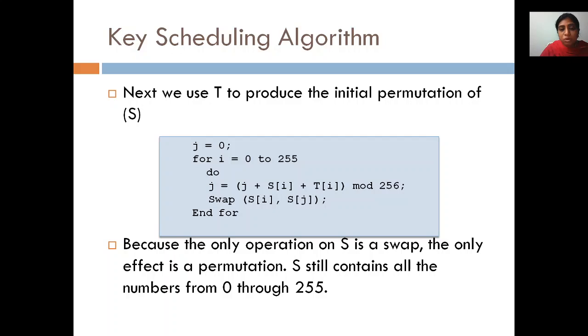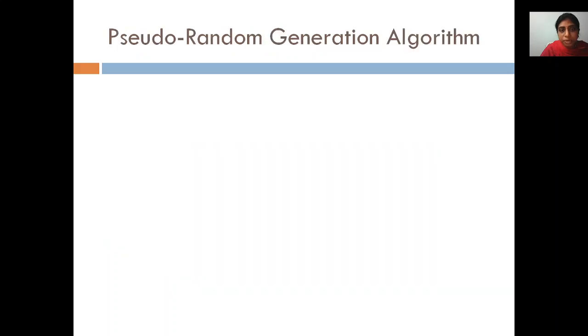For i equal to 0 to 255, we apply the initial permutation using this code, where we take the j value and swap S[i] and S[j] in the S vector. This continues till all 256 entries are completed in the S vector.